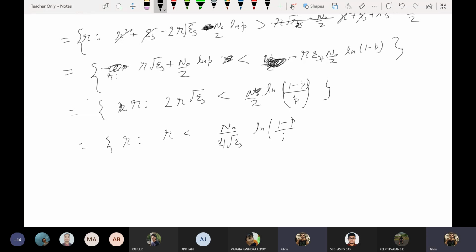I think that should be 4R root Es. So this should be 2 here and this should be 2 here.